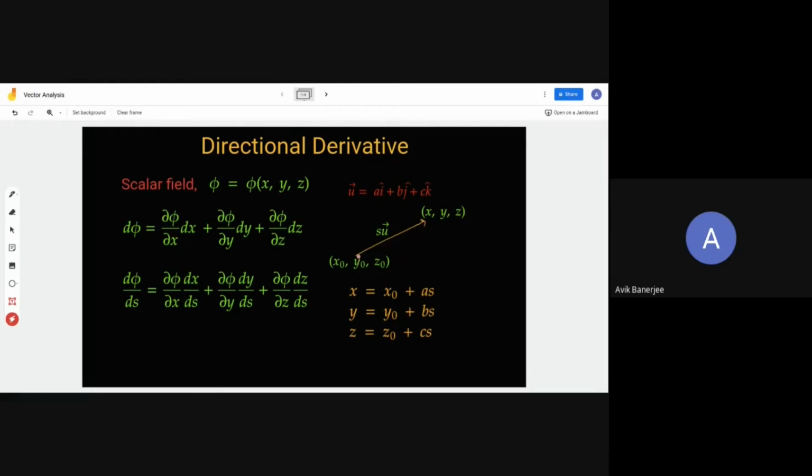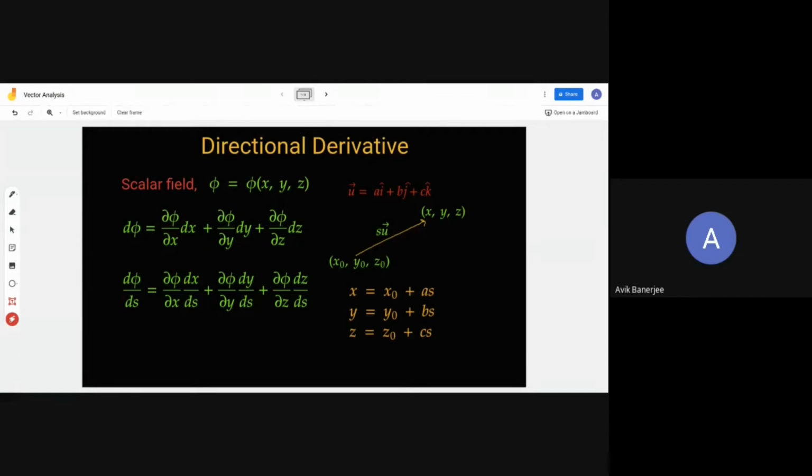So x is basically x naught plus a into s, y is y naught plus b into s, and z is equal to z naught plus c into s.